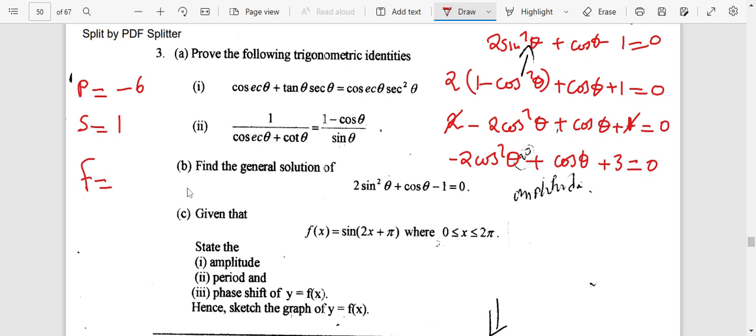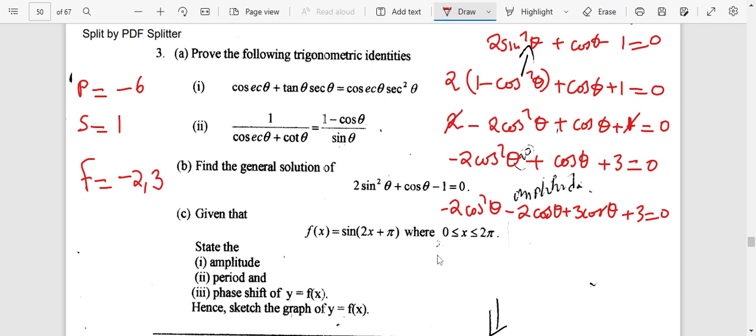Yes, Frida? Negative 2 and positive 3. Yes, so we're going to use negative 2 and positive 3. So this is going to be negative 2 cos squared theta, and then negative 2 cos theta, and then positive 3 cos theta, and then we write the 3, that is equal to 0.